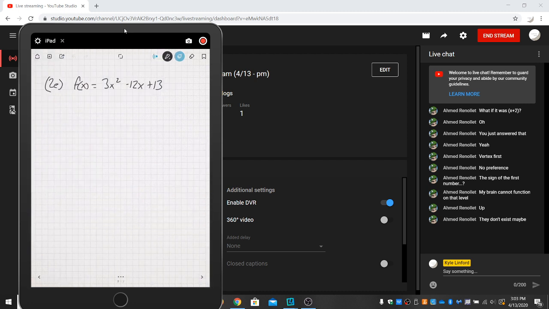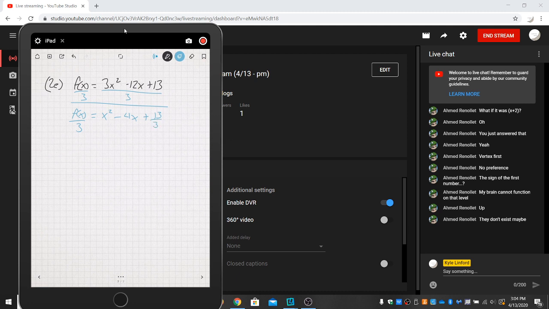Notice here that we are dealing with a value that's not a 1 as the leading term. That's a problem, so I'm going to have to divide both sides by 3. We'll end up with f of x over 3 equals x squared minus 4x plus whatever 13 over 3 is.